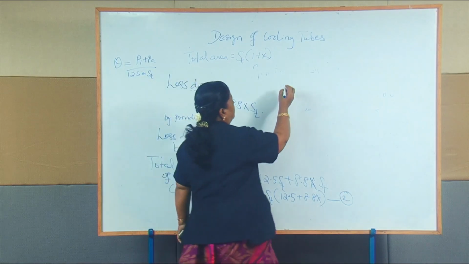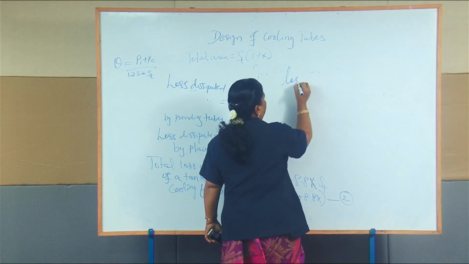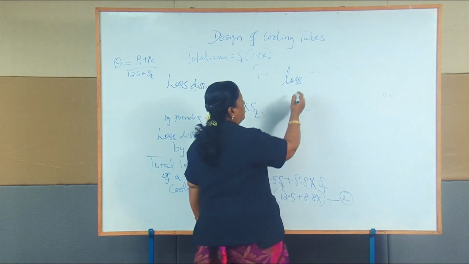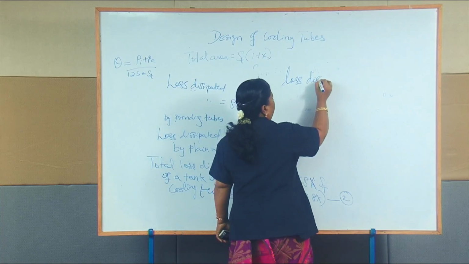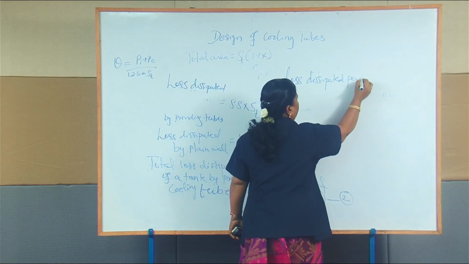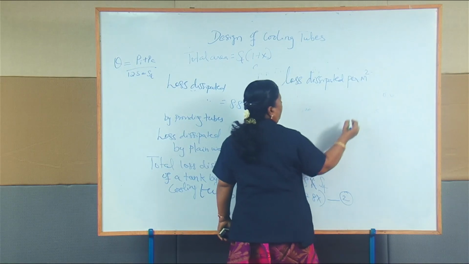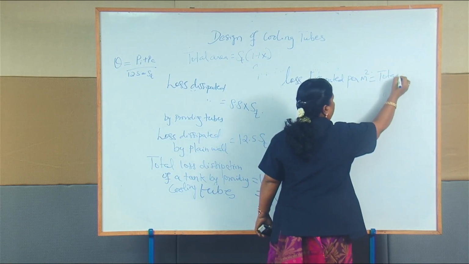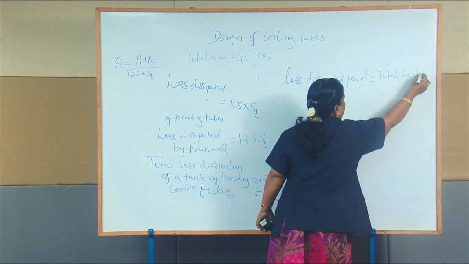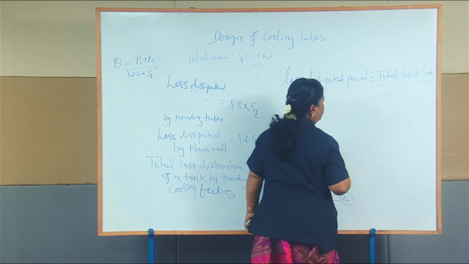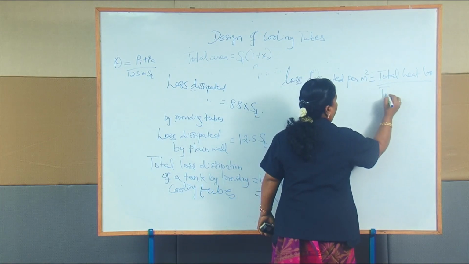Now we know the specific heat loss dissipated by convection and radiation. What is that? That is nothing but the loss dissipated per meter square, which is equal to total heat loss divided by total area.